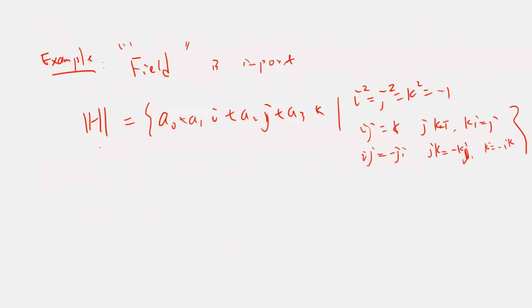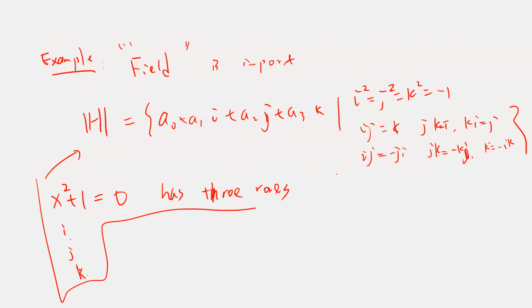This is the quaternion, and you can see that x squared plus 1 equals 0 has 3 roots, basically i, j, k. So that means the field assumption is very important. This is a counterexample that you can try.